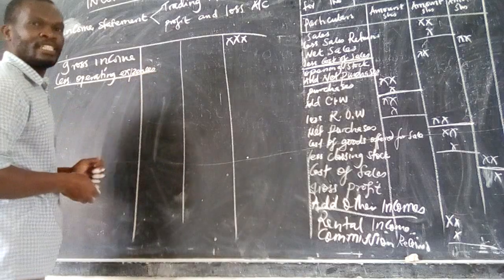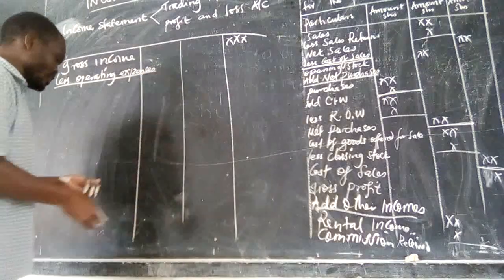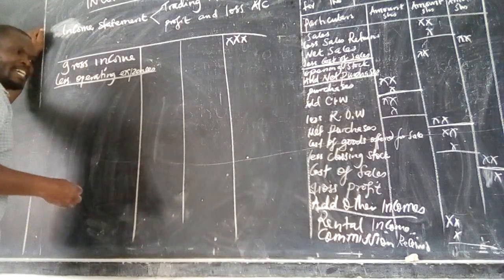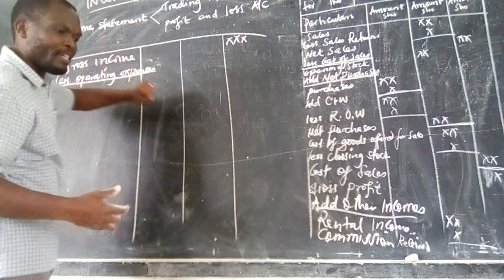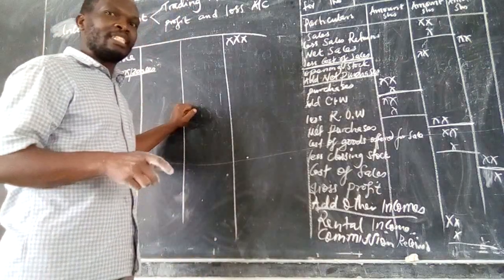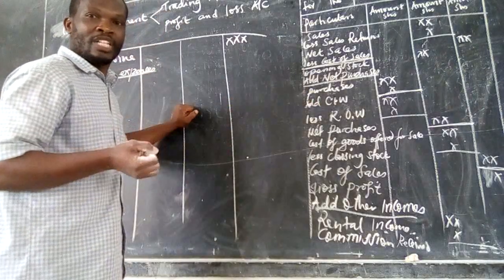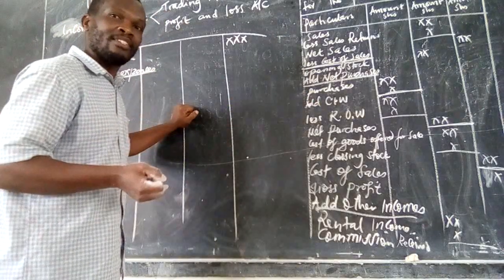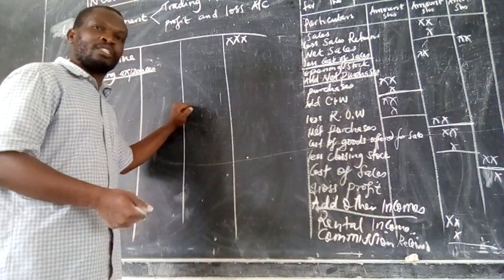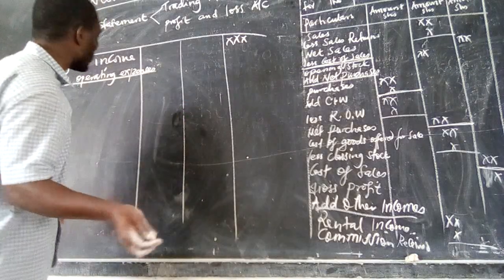Expenses are those items or costs incurred during the buying and selling of those goods. For example, you have to pay wages and salaries, electricity, insurance, transport, airtime, that is communication, and fuel costs.